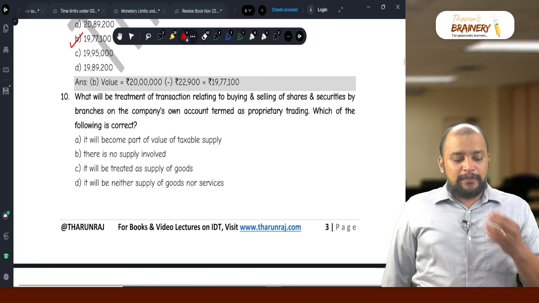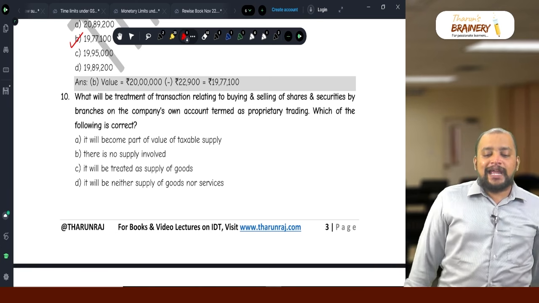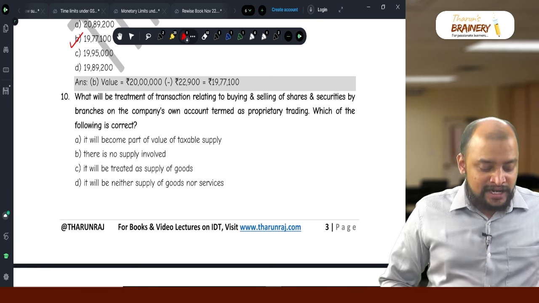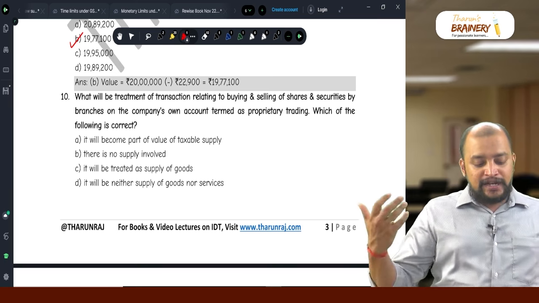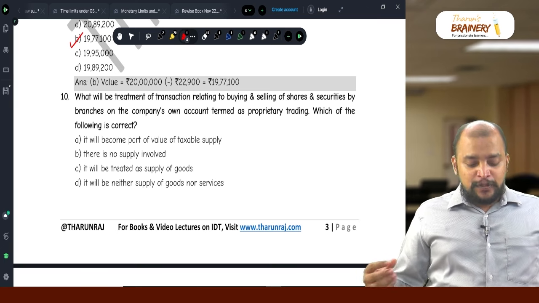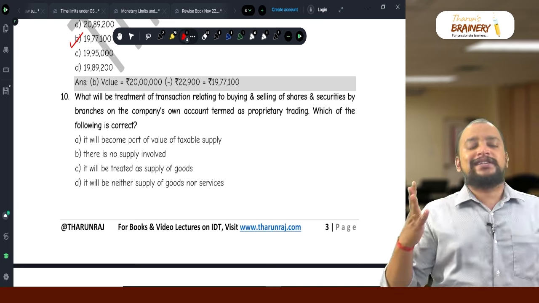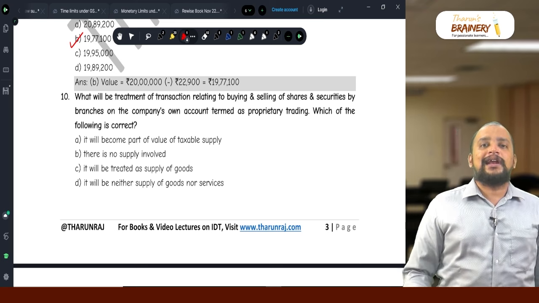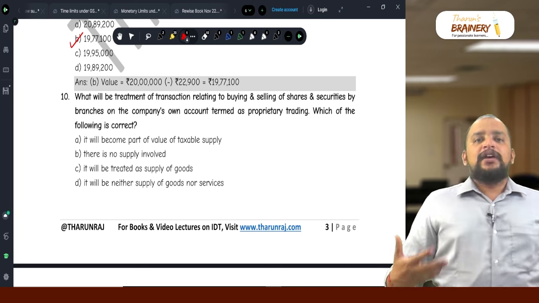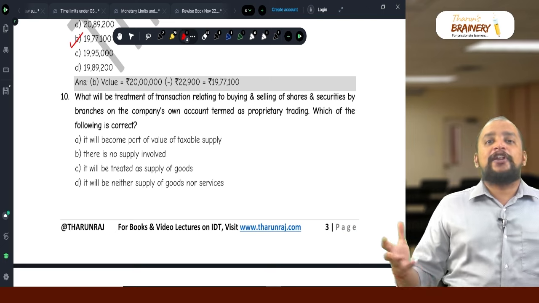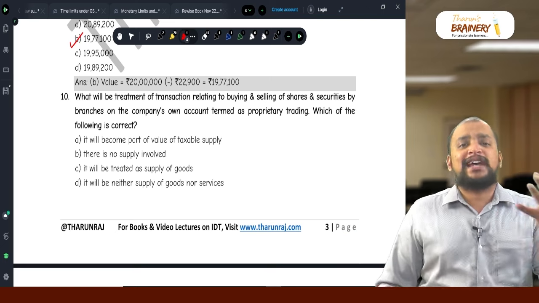Then what is the treatment of transaction relating to buying and selling of shares and securities by branches on the company's own account, which is termed as proprietary trading? Which of the following statements is correct? Generally, proprietary trading is different from doing share trading on a commission basis. So generally what happens, I have an excess amount.